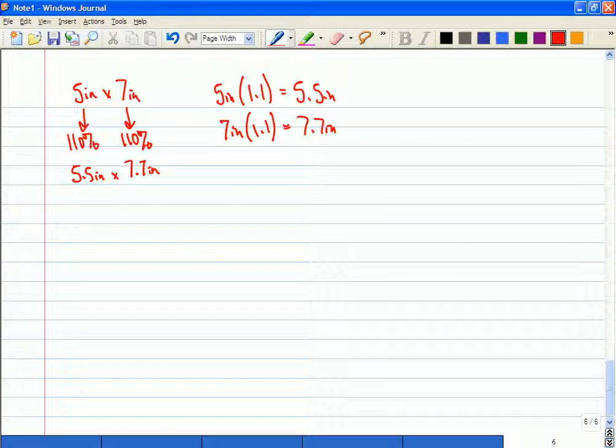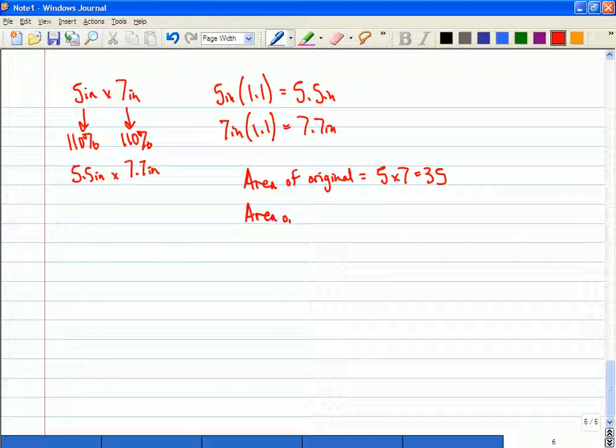And this will just jog your memory a little bit here. The area of the original is going to be 5 times 7, which is 35.